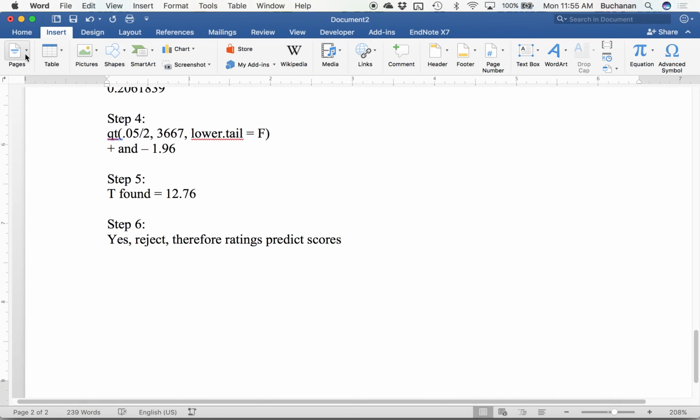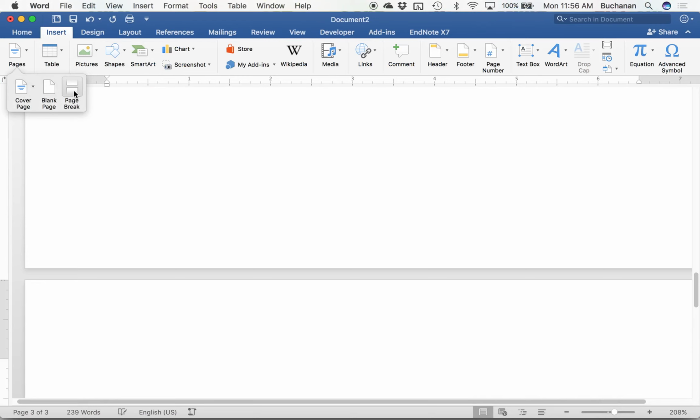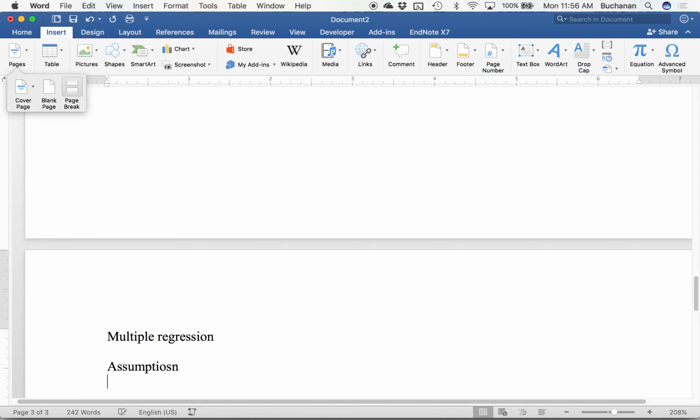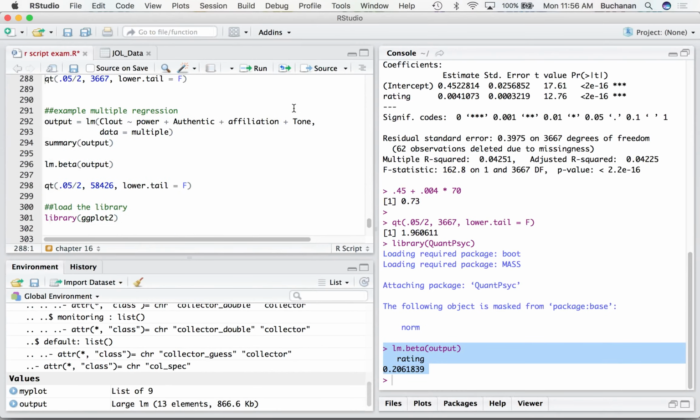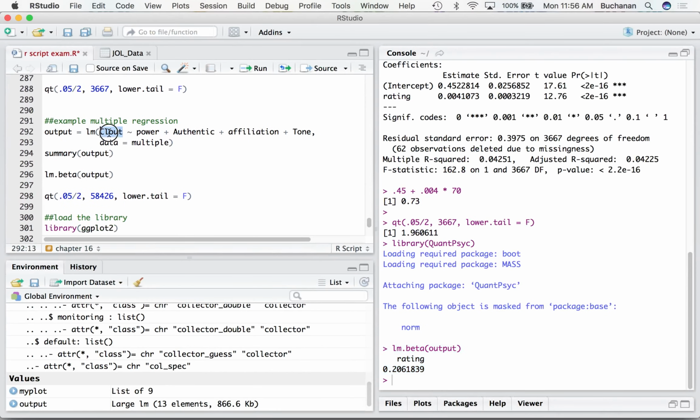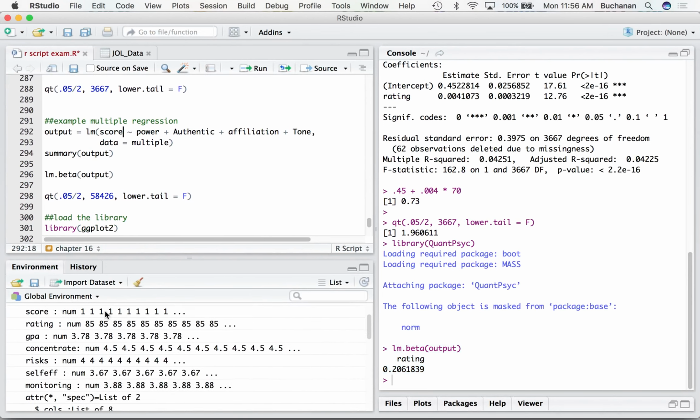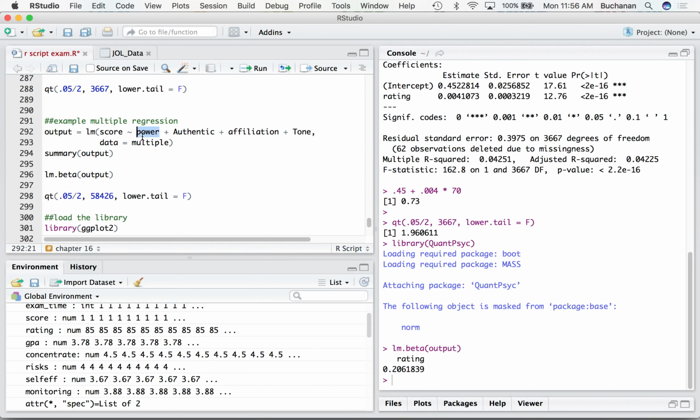All right, let us try now a multiple regression with that same data set. So what we're going to do is pick a couple of variables here. So let's say we're going to pick score as still our DV. And let's see if we're going to use rating again. Other things add to the equation. So does having multiple variables make it useful?